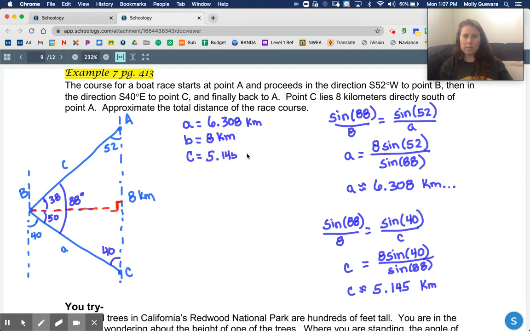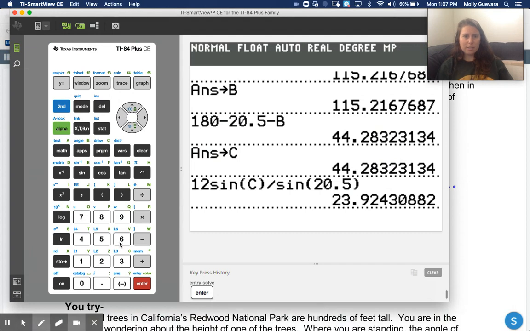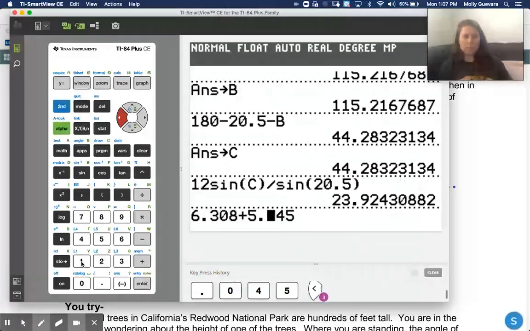5.145 kilometers. So then I'm just going to add all of this up, right? A plus B plus C is about, and I actually haven't done it yet, so let's do it, right? 6.308 plus 5.145 plus 8.